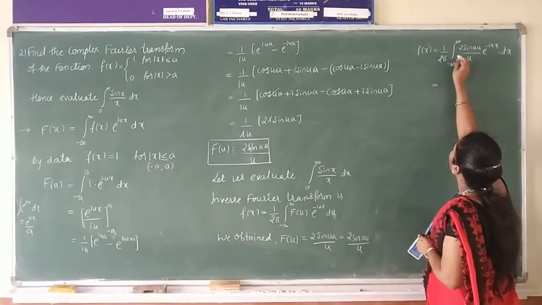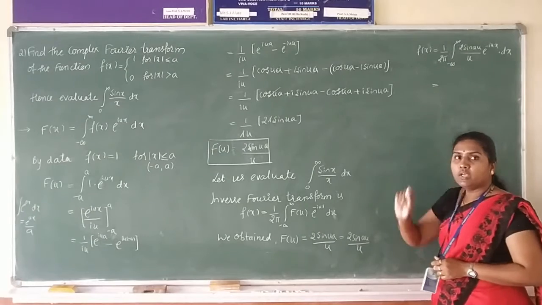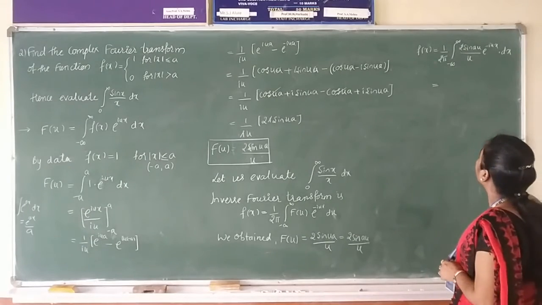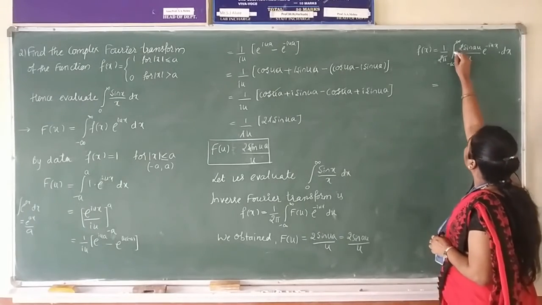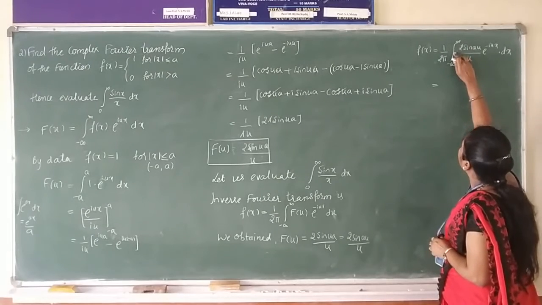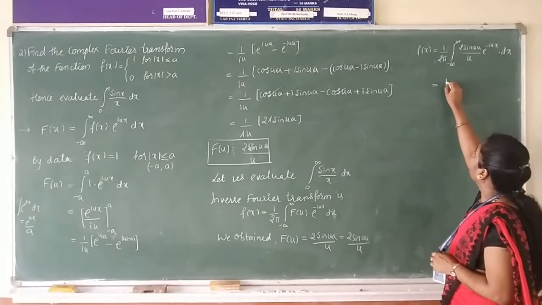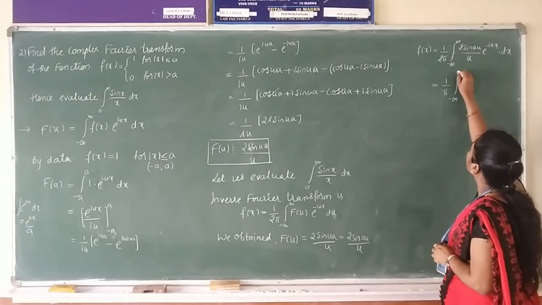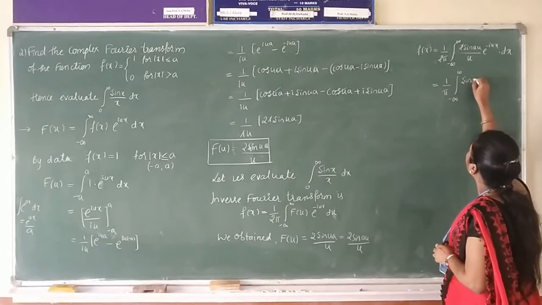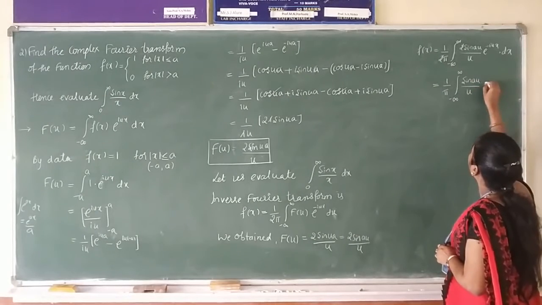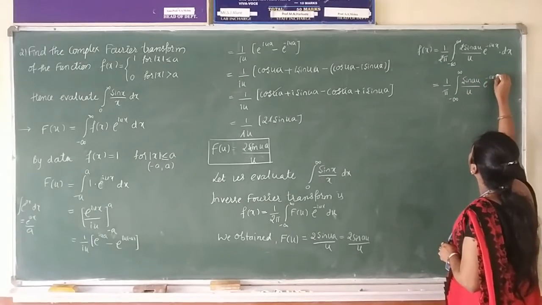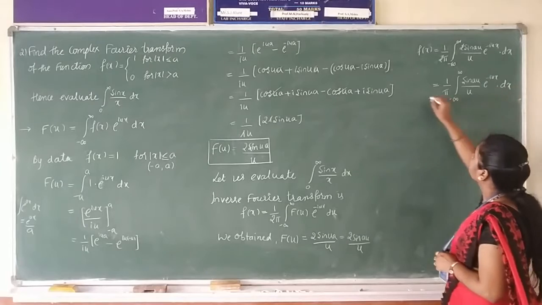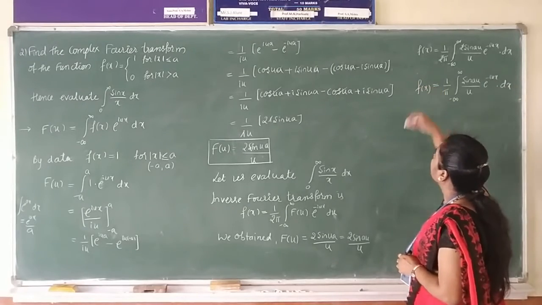Next here 2 gets cancelled. Now we are not integrating here, we are just evaluating by substituting necessary conditions. Now we are left with 1 upon pi integration minus infinity to infinity sin au upon u e to the power minus iu x into du. This is nothing but f of x.